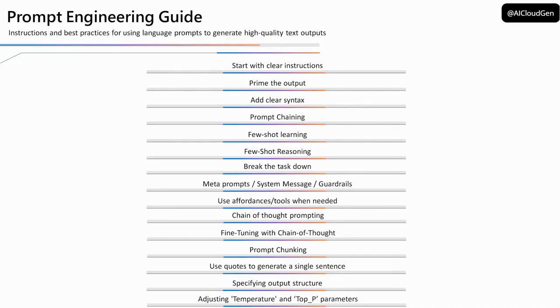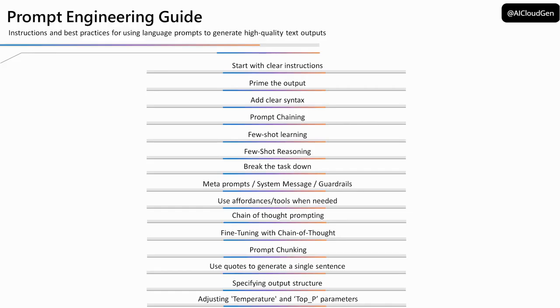So as I said, prompt engineering. There is a prompt engineering guide that you can use, and there are a lot of best practices and techniques that you can learn as part of it. Things like starting with clear instructions, focusing on the output that you are looking for, which is basically priming the output, adding clear syntax, prompt chaining, few shot learning, few shot reasoning, breaking the task down, writing meta prompts.